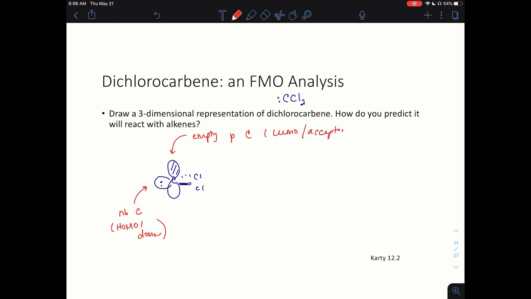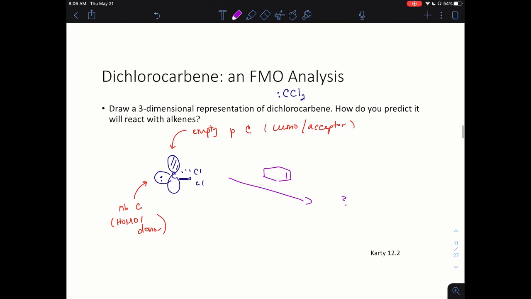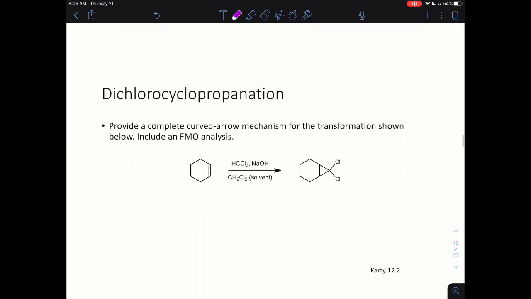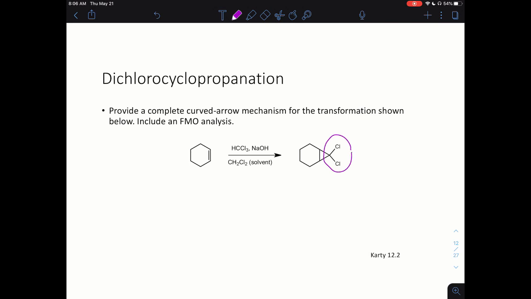So how do you think that this species will react with an alkene? What do you think? Well, hopefully you said it will form a dichlorocyclopropane, which is like, this is the most useless thing ever, but it probably does kill some bugs.